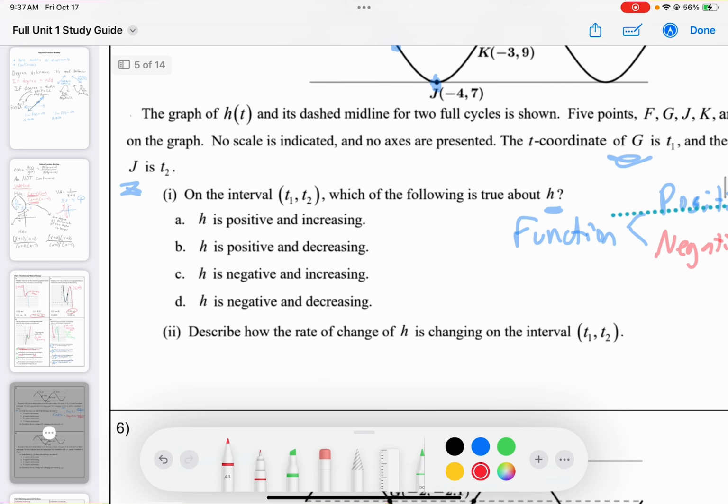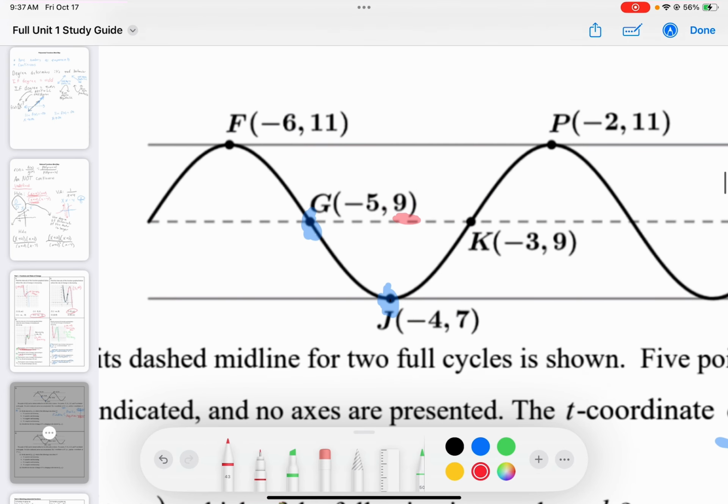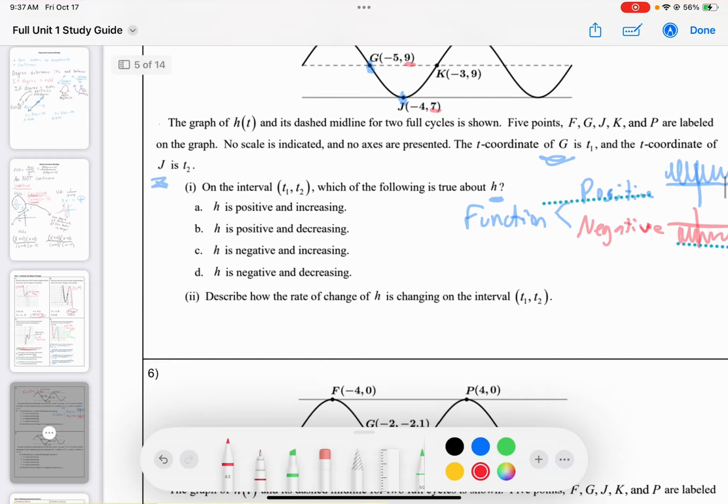So let's check to see if our function is positive or negative. Well, I'm just going to look at the y values here. All right, I don't want to be deceived by this. This is not an x-axis. The y values are positive. So that means we're above the x-axis. So this function is positive. This function is positive. That doesn't mean the rate of change is positive.